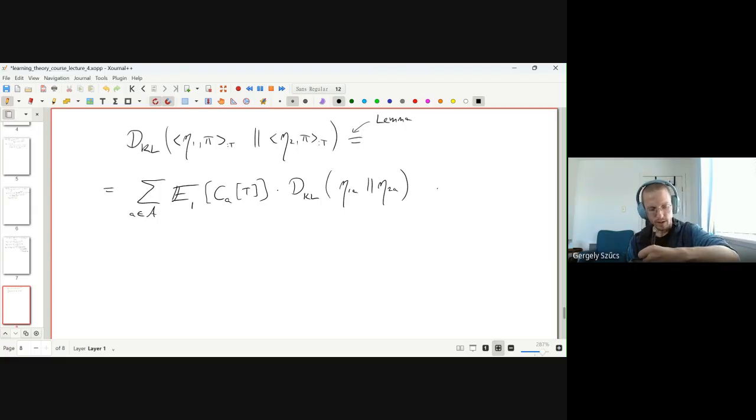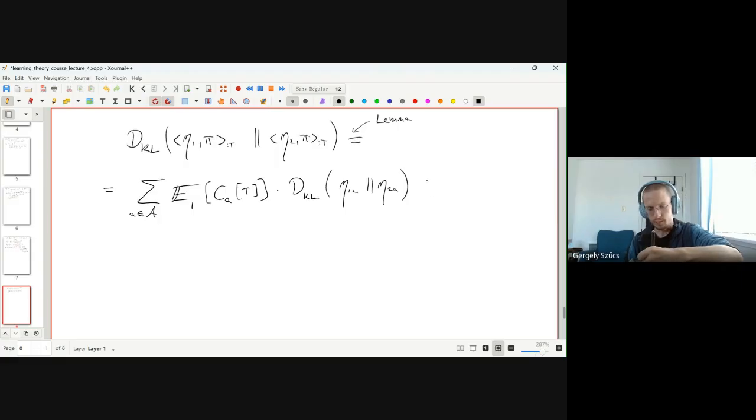And then in our special case, the only KL divergence that's going to be non-zero is the one for the Lth arm, because that's the only place where the two distributions differ.